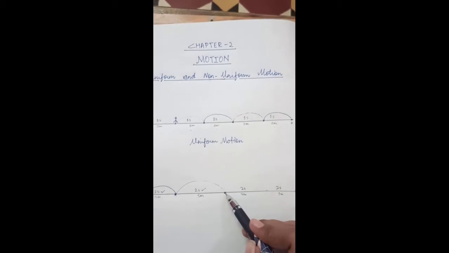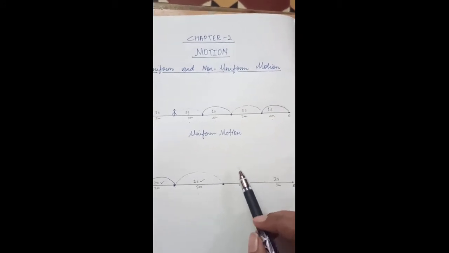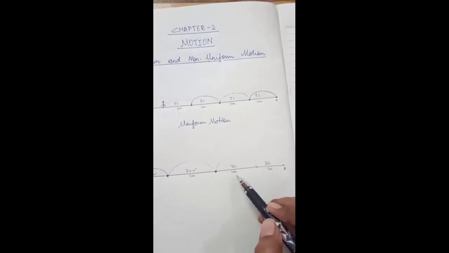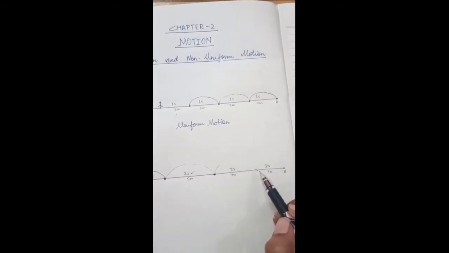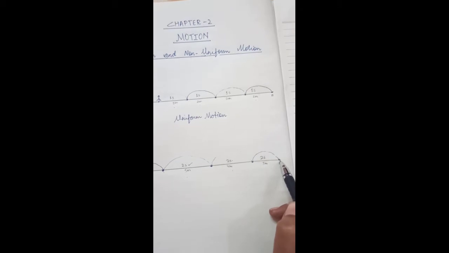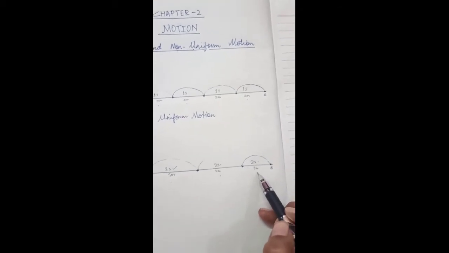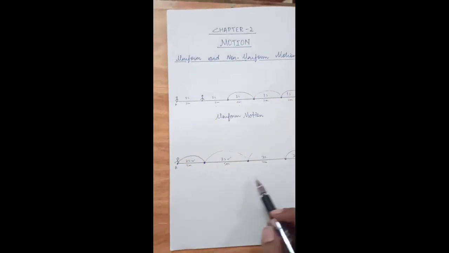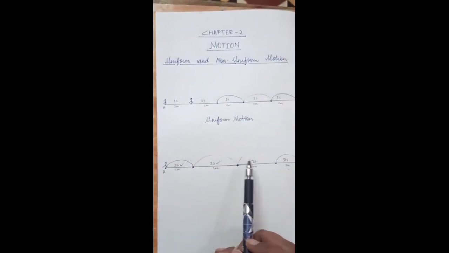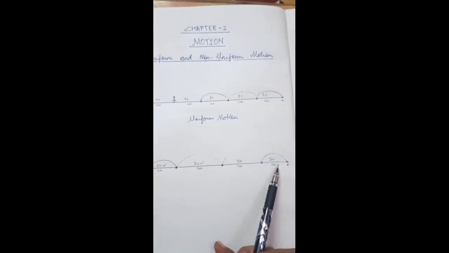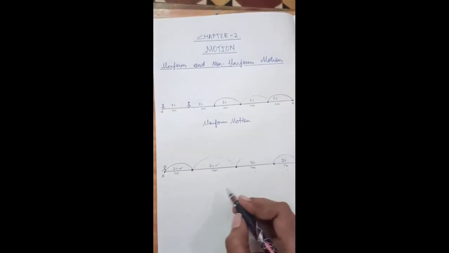And then she moved from this point to this point and she has taken 2 seconds to cover a distance of 4 meters. And to move from this point to this point she has taken 2 seconds and covered a distance of 3 meters. Now here you can observe that the time interval is the same but the distance covered is different. So this motion is not a uniform motion.